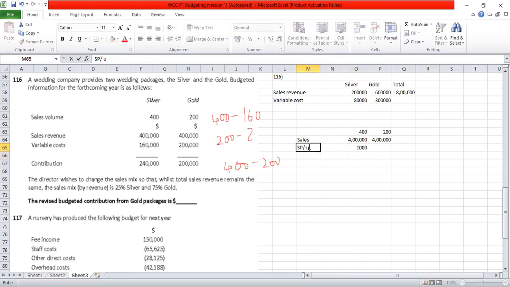Selling price per unit will be 1000 per unit, and similarly variable cost, the total variable cost is given as 160,000 and 200,000. Find out what is variable cost per unit. 160,000 divided by 400 units. So this is 800.